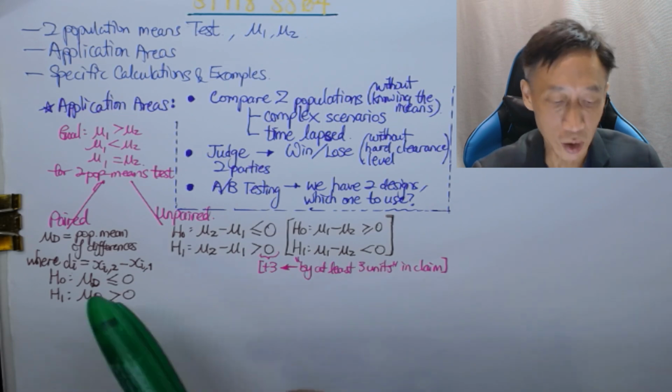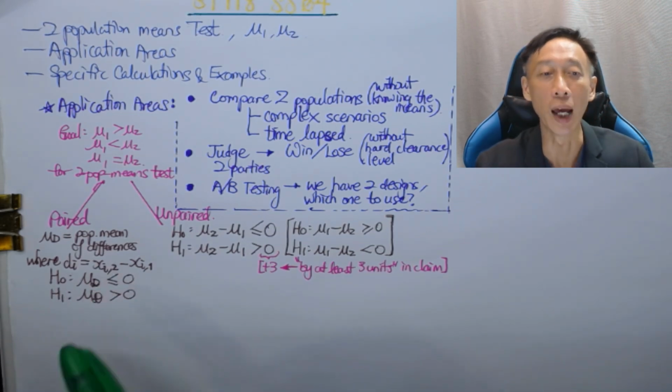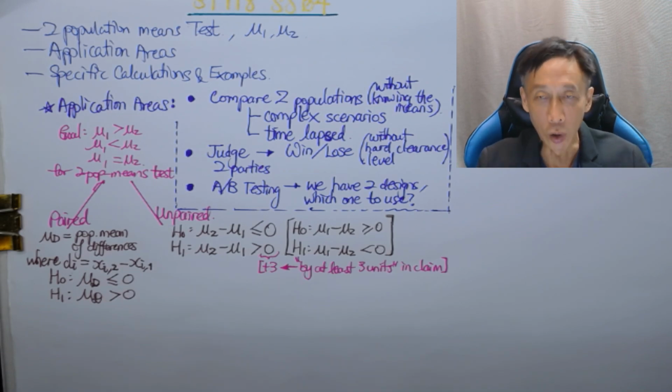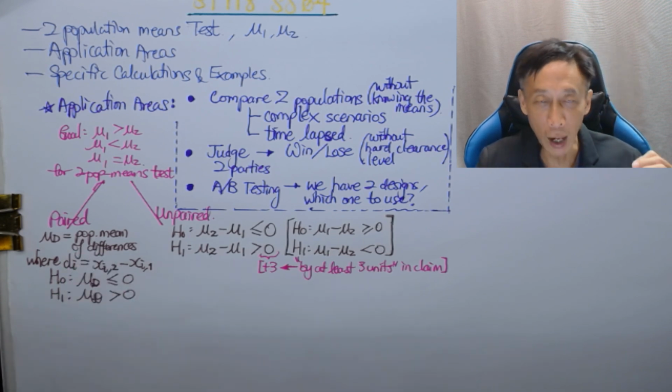But to their surprise, you say, no, I did it using a paired test. Here is where you can get back your guilt-free status against that challenge. Why? Because when you do pairing, you are basically pairing up relevant data measures.